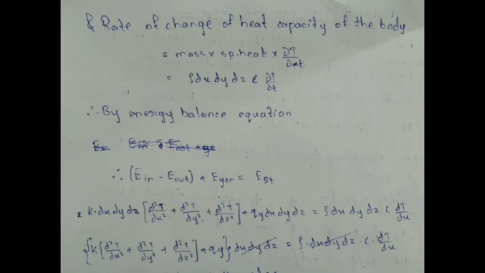The rate of change of heat capacity of the body, which can also be defined as the energy stored, is equal to mass into specific heat into dT divided by dt. Therefore it is rho into dx into dy into dz into C into dT divided by dt.